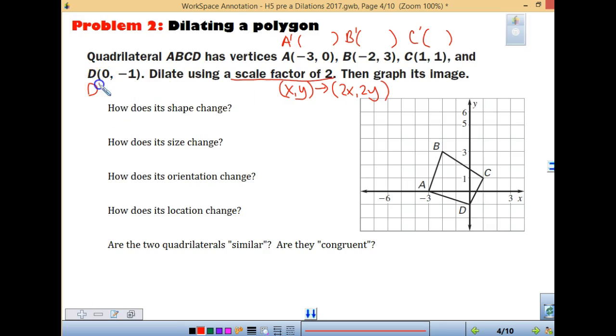Each one, first thing I want you to do before we plot it, I want you to label those new points. So, start now, Jacob. A is located where? No, you're going to multiply by 2. Not negative 6, 0. Abby, B prime.